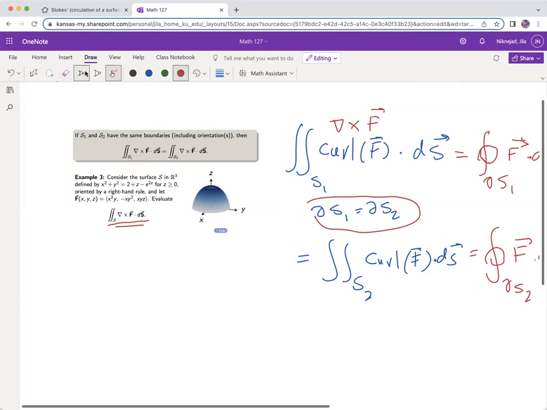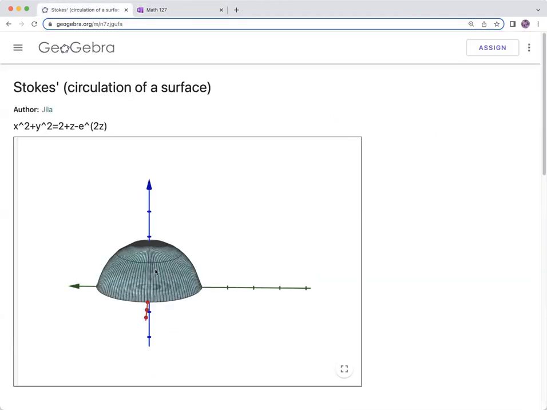Let's take a quick look at the surface. I know the parameterization is doable, and I can brute force this, but computing the surface integral is going to be very difficult. So I graph this shape, and that's what it looks like.